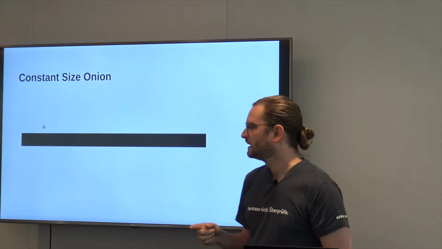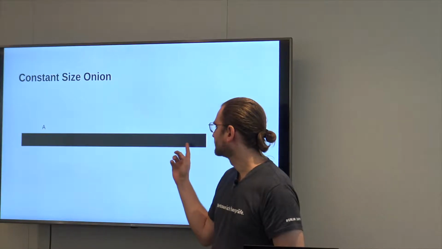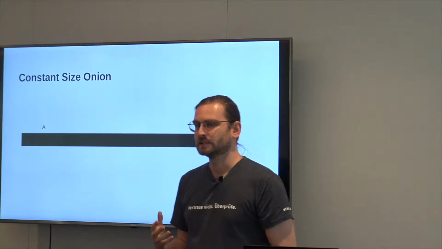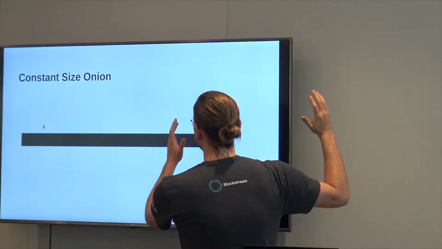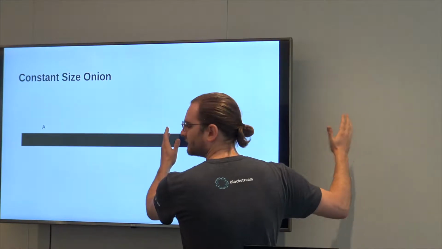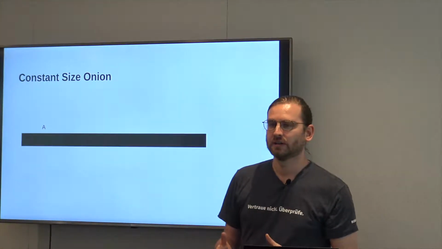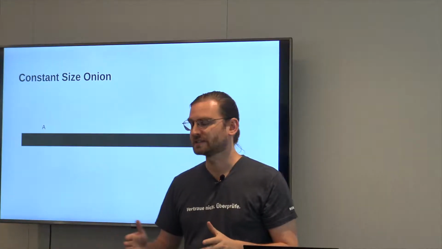Because if A was to tamper with something back here, A could basically probe for who is the final destination. Because remember, we have trailing padding in here that is basically just zeros that we only have there because we want to have this constant size.